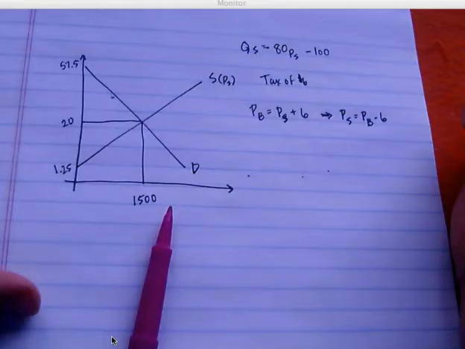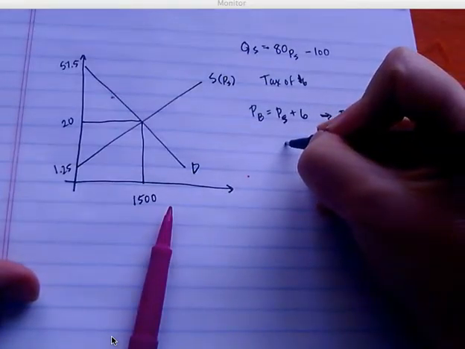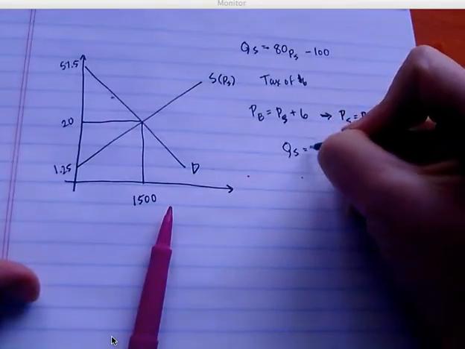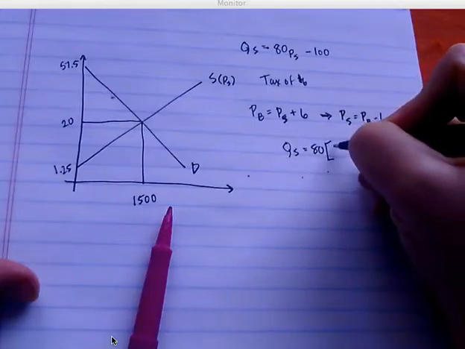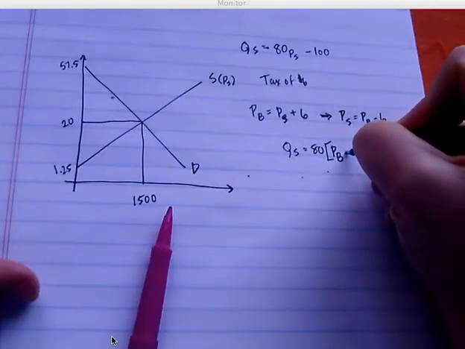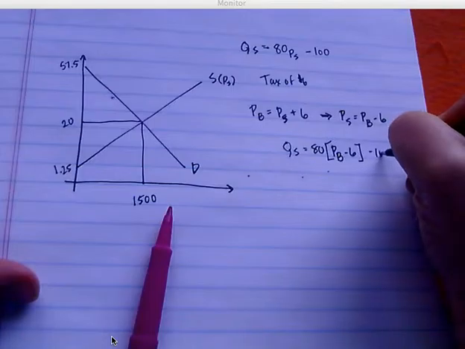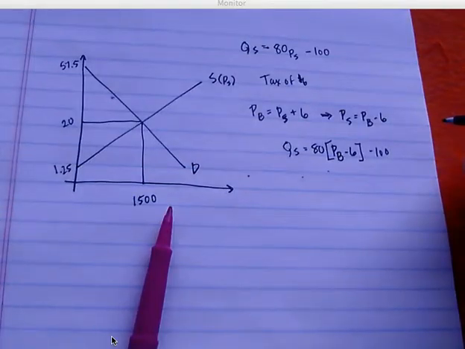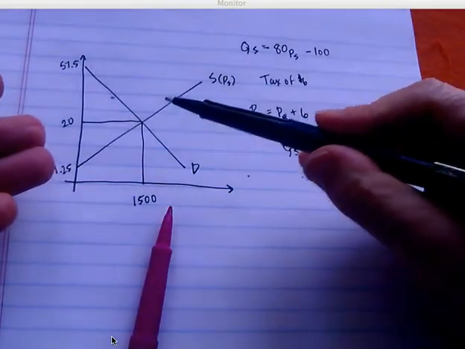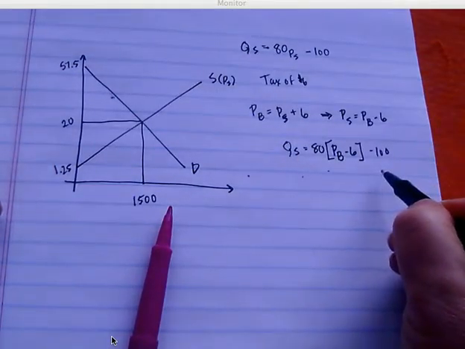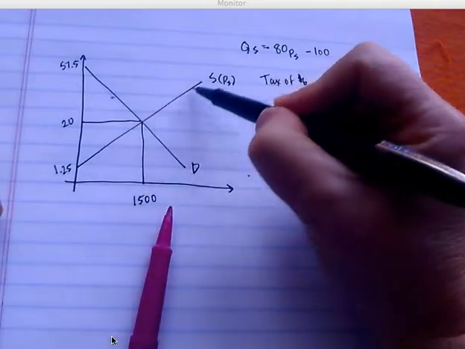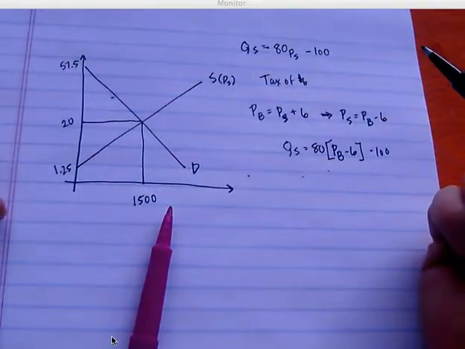So what would that look like? We'd have the quantity supplied is equal to 80 times the price the buyer pays minus $6, minus 100, right? So that's one way to translate that. I can also translate it graphically. Of course, remember this is the supply curve, and what I have graphed here is the inverse supply curve. I've got price by itself, right?